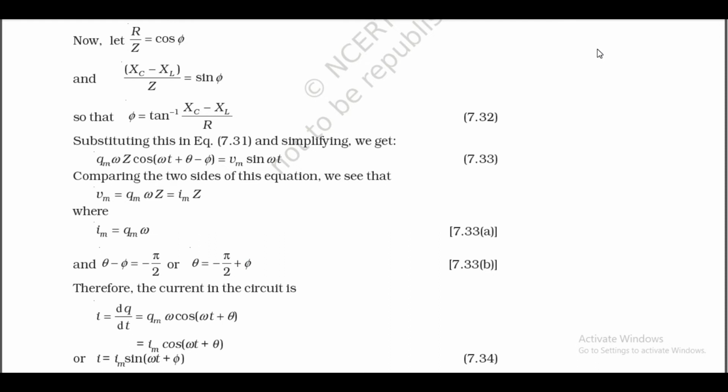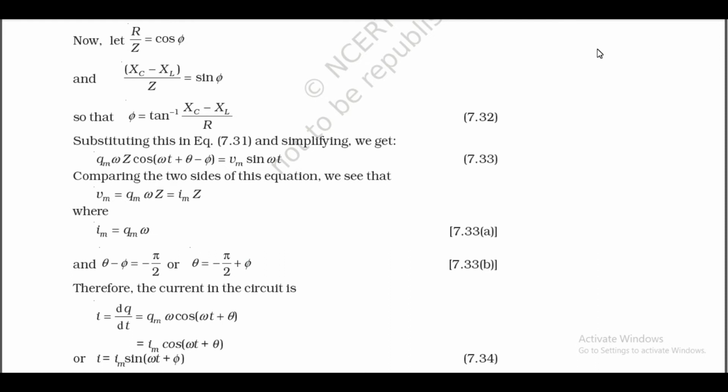Comparing the two sides of this equation, we see that Vm is equal to Qm omega Z is equal to Im Z, where Im is equal to Qm omega, and theta minus phi is equal to minus pi by 2, or theta is equal to minus pi by 2 plus phi.